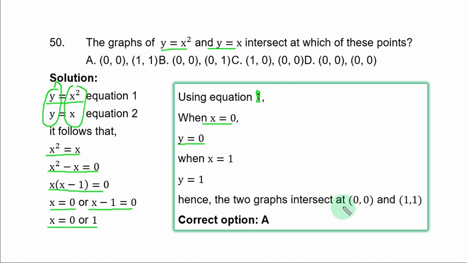So you have this one point of intersection. When s is equal to 1, you go back to equation 1. s squared, that is 1 squared, is 1. That means y is equal to 1. This is another point of intersection. So therefore A is the correct option.